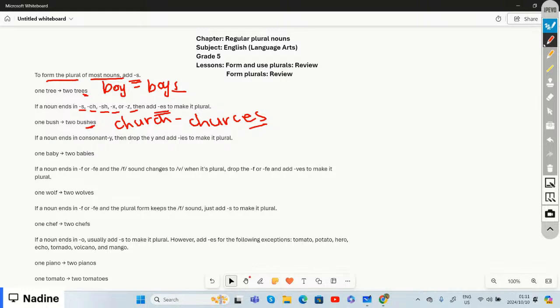All right, so that is but an example also. Oh, I forgot the H. So first an H for church, churches.